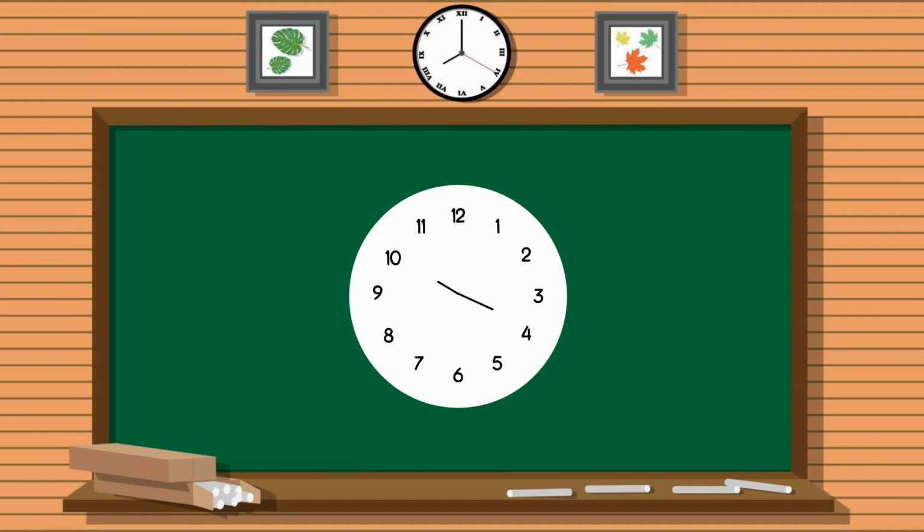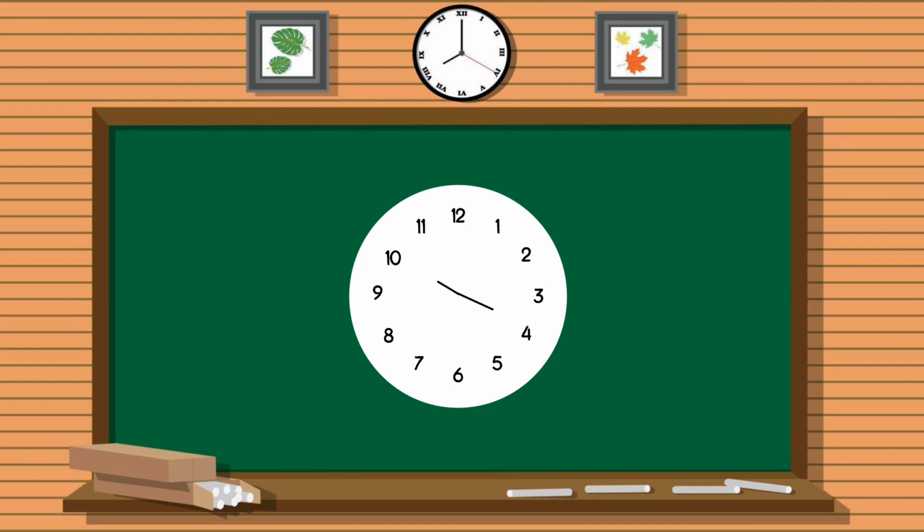Now, we check where the short hand is. If it's just past the 10, that means the hour is 10. So we say 20 past 10, or we can say it is 10:20. Let's try another one.